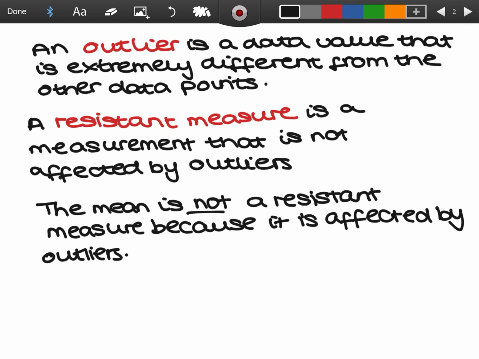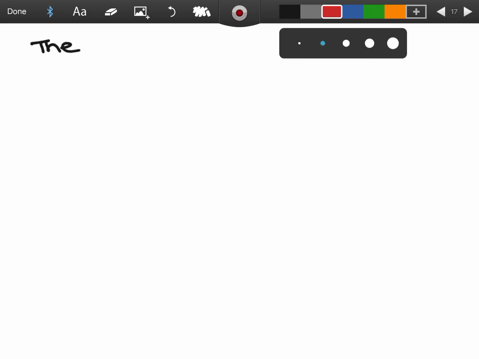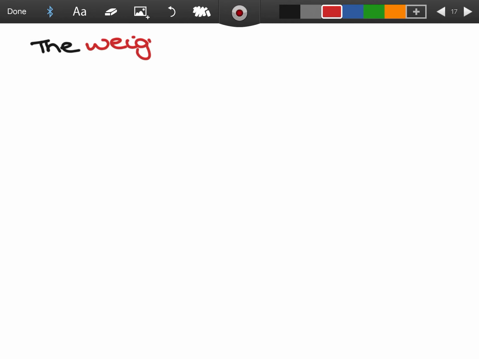Now, another type of mean that we're going to look at is called the weighted mean. The weighted mean is very similar to an actual mean. The problem that we now have is that each data point carries a different level of importance to the others.